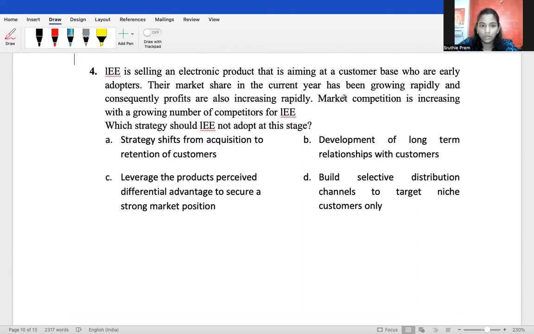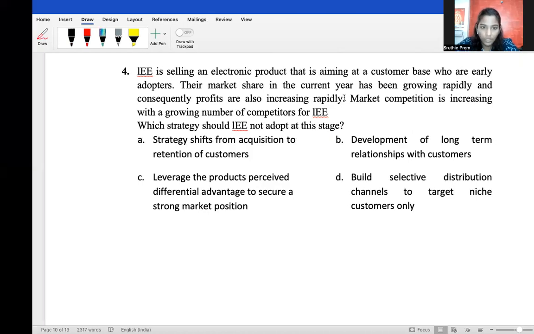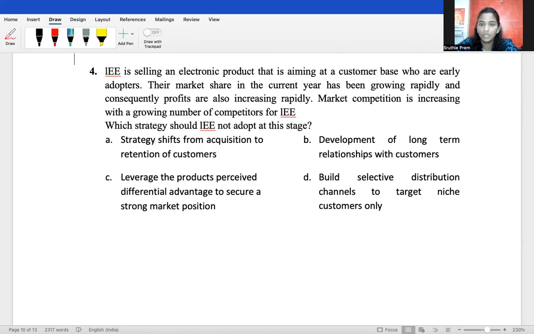1EE is selling an electronic product aimed at a customer base of early adopters. Their market share in the current year has been growing rapidly, and consequently profits are also increasing rapidly. Market competition is increasing with a growing number of competitors of 1EE.